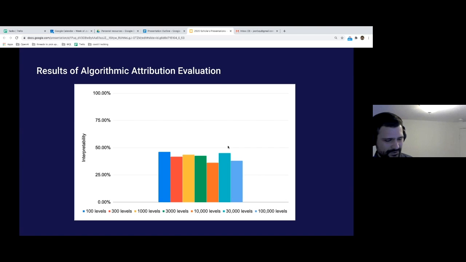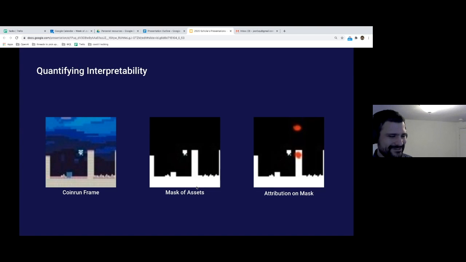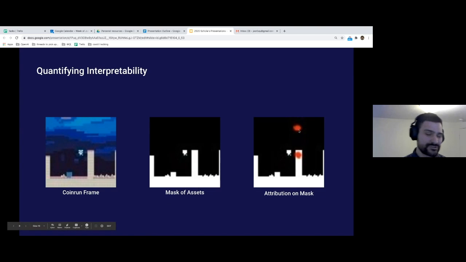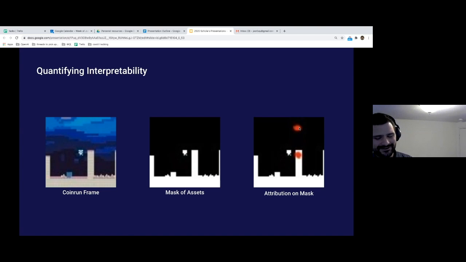Because I've myself gone through this human-in-the-loop domain experiment, and I trust that these human-in-the-loop results are valid and reflect true interpretability, this means that my definition of interpretability currently isn't working out. They're all roughly at 35 to 40%. Why is that? It's very heavily because a lot of my attribution results are not as small as I've shown you in this example; often the results of attribution are much larger, on the order of magnitude of 20 by 20 pixels.